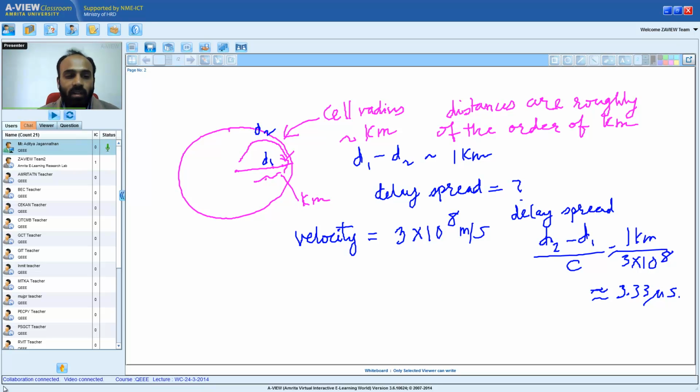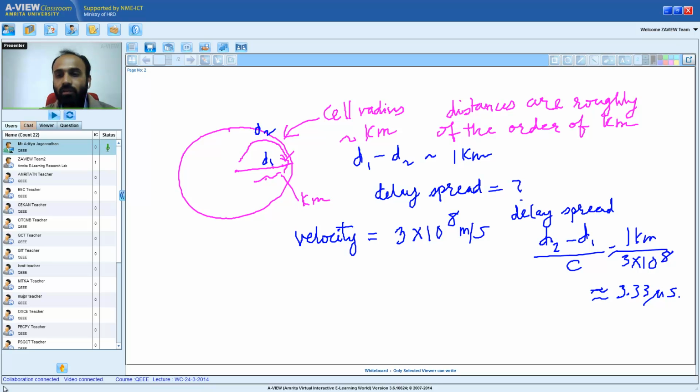And of course, this is not the exact delay spread. I'm not saying that this is the exact delay spread. I'm simply saying that roughly, the delay spreads are of the order of microseconds. The way to interpret this result is not that the delay spread in every cell of every cellular system is 3.3 microseconds, but that since the distances are roughly of the order of kilometers, the delay spreads are roughly of the order of microseconds.